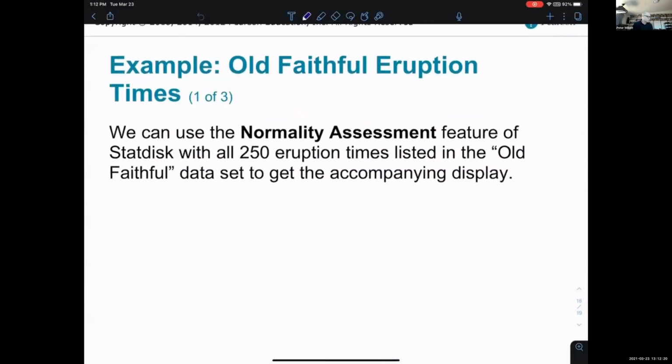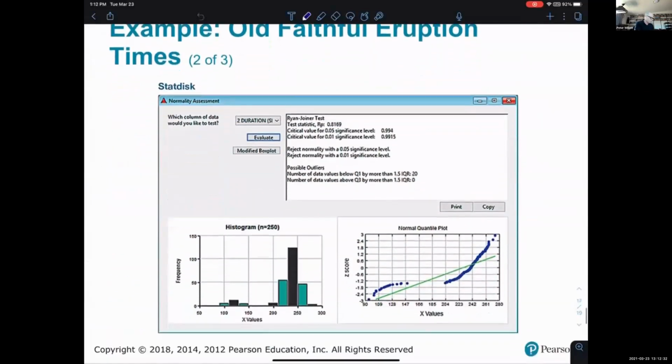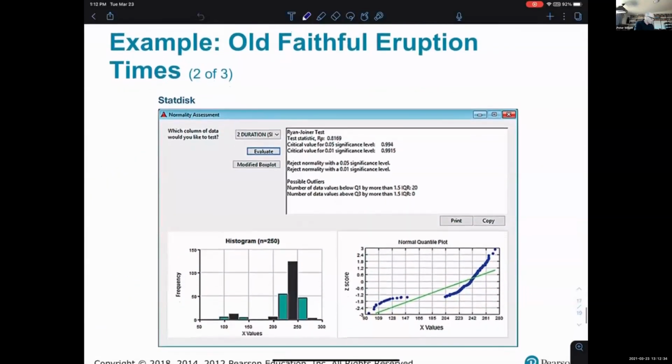Old Faithful eruption times. We can use the normality assessment features of StatDisk with all 250 eruption times listed in the Old Faithful data set to get the accompanying display. Notice that in this technology use that they're illustrating, the key features include some things we haven't talked about yet, like test statistic and critical value.